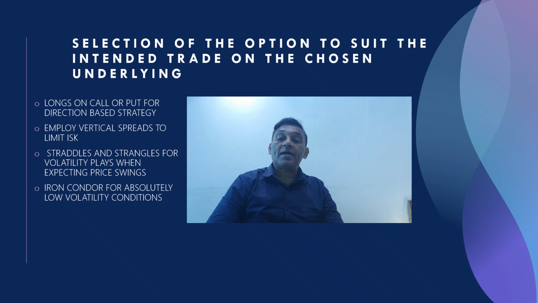And otherwise, if we expect a sudden explosion in the implied volatility during the day, then we choose to go for a straddle where we could look at making money from the price swing in either direction.